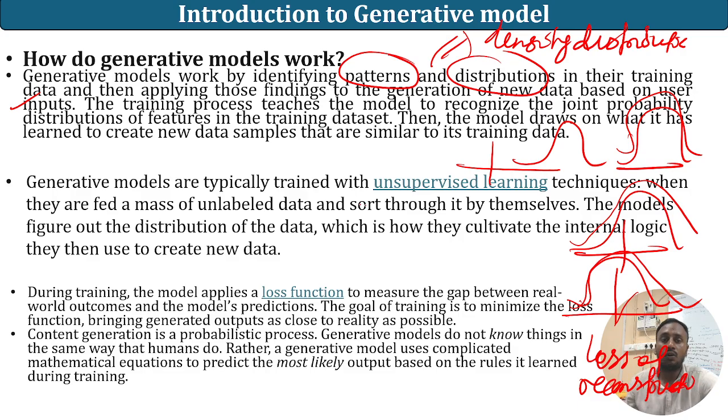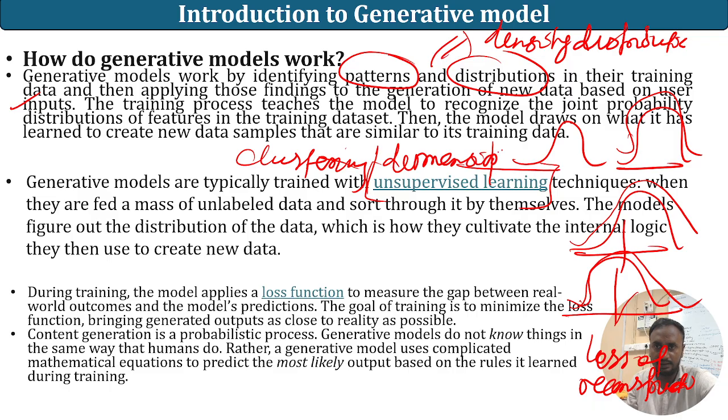Generative models are typically trained with unsupervised machine learning. Unsupervised machine learning involves things like clustering or dimensionality reduction. When they are fed a mass of unlabeled data, they sort through it by themselves, and the model figures out the distributions of the data, which is how they cultivate internal logic.